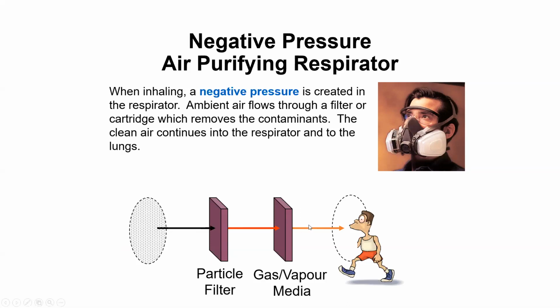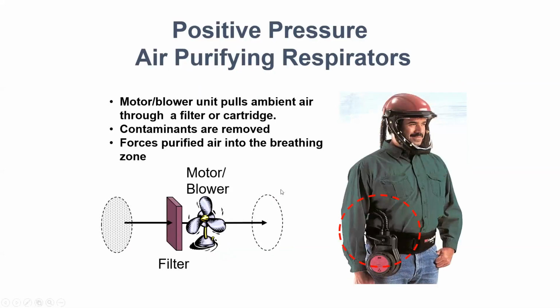That means if the respirator is not sealing us properly and we have negative pressure inside of our respirator, the contaminants can sneak around our respirator through the area where the respirator is not sealing us properly. That's why assigned protection factor is low, just 10.